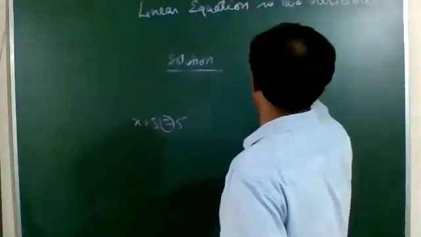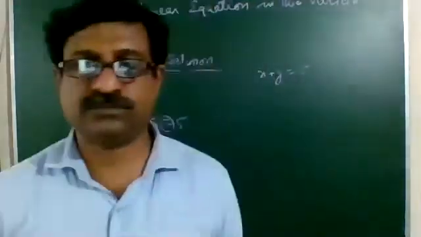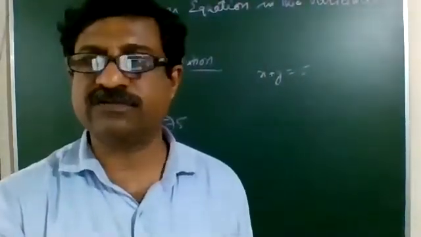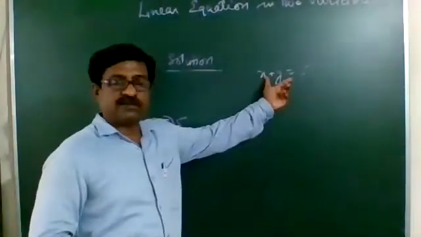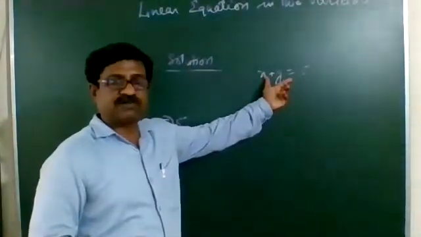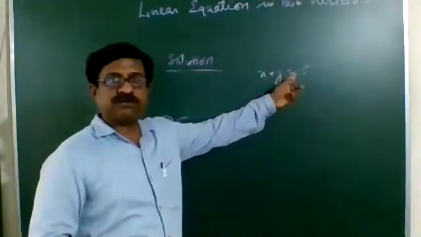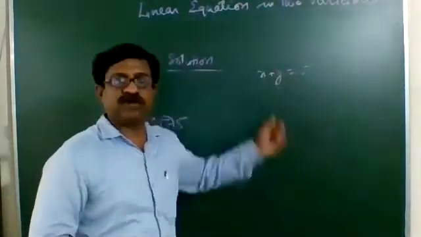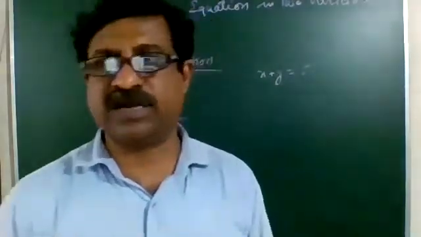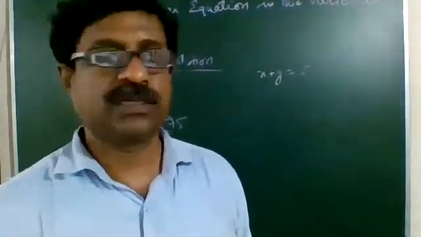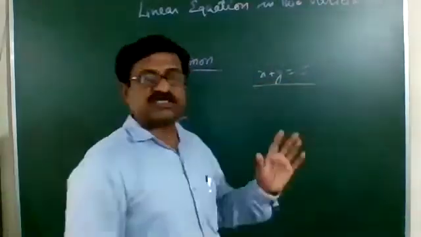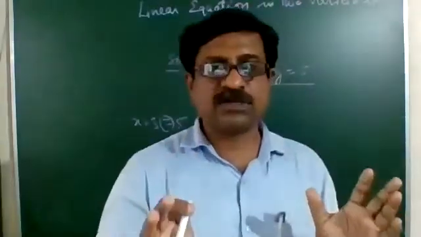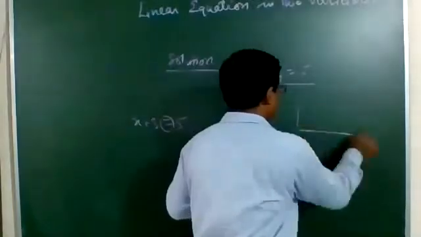I'm writing x plus y equal to 5. This is linear because the highest power of the variable is 1. Equation because the equal to sign is there, and the two variables chosen over here are x and y. The solution of this equation depends on what value of x we are taking.